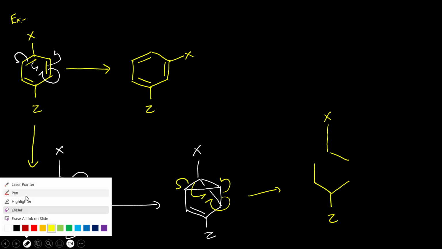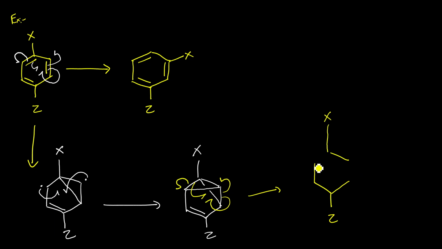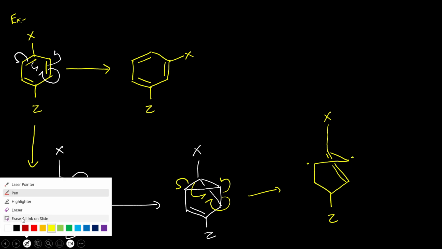Okay, now we have a double bond between here. Right? We have a double bond here and we have two radicals. Now these two radicals are going to come together.